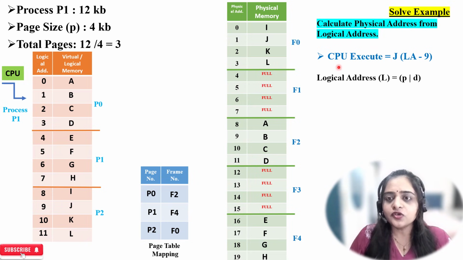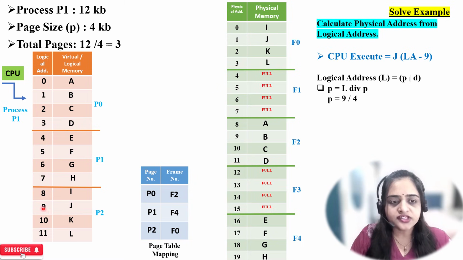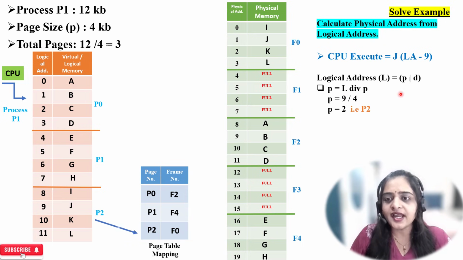See. The CPU wants to execute J, this particular data. They want to print this data, for example. Now J, its logical address is 9. So the CPU wants to execute this particular data. Now the formula: logical address equals P by D. P means pages, and the formula is L divided by P, where L means logical address.